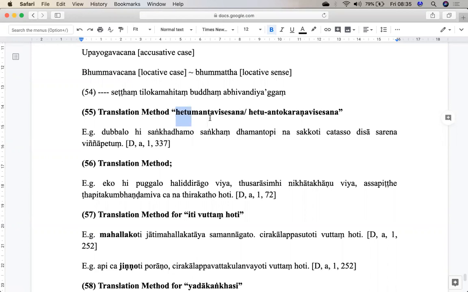And sila is morality, virtue, and silavant is virtuous, who has virtue. In this way also, hetu manda visesana means an adjective that has the sense of reason. So it is an adjective, and it can also be a reason.